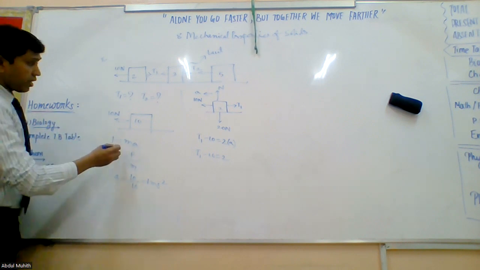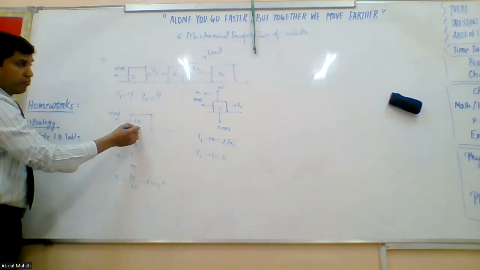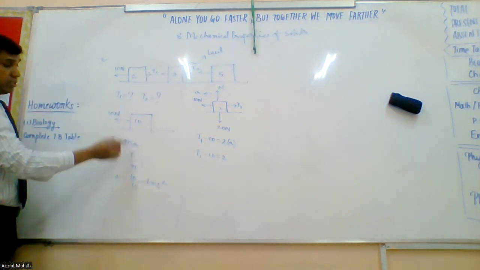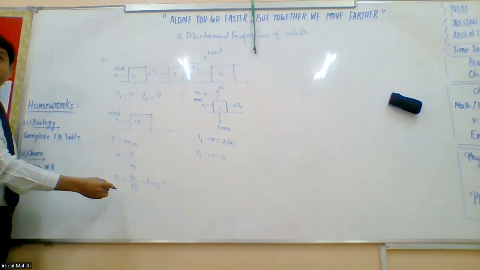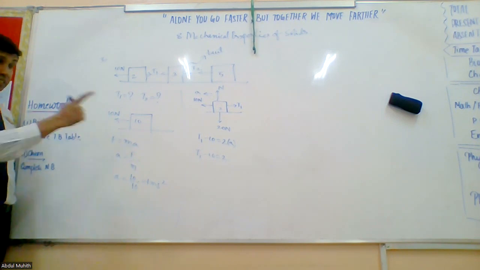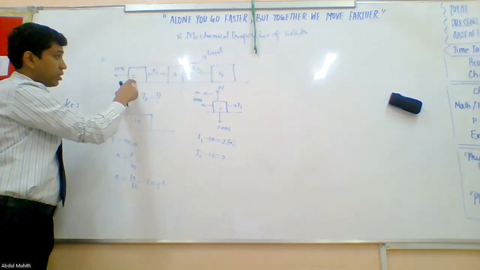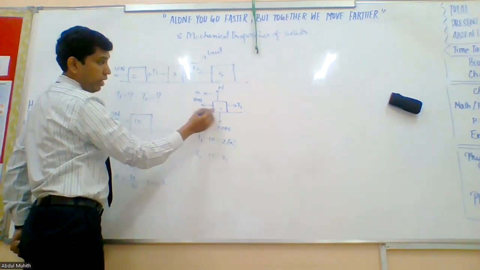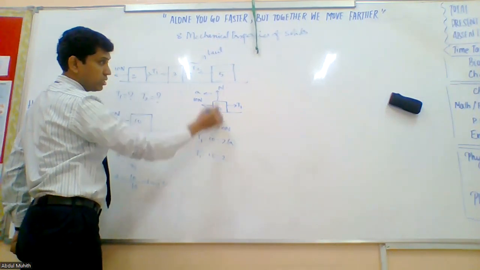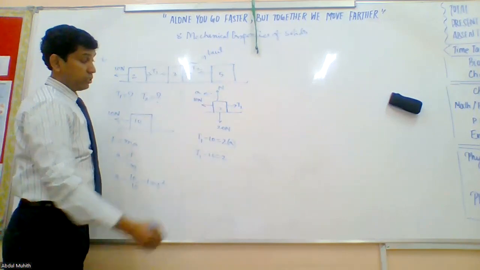Now, what we did, the whole mass is taken together, and this is 10 newtons. So use the formula, find out the acceleration. First part. Second part, we are taking one mass at one time. So when I take this 2 kg, 10 newtons, T1, 20 newtons, and N is acting upwards.